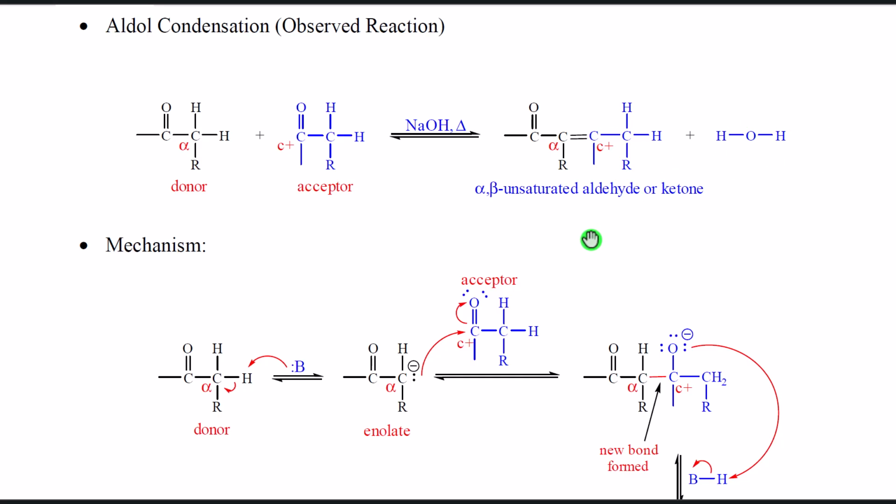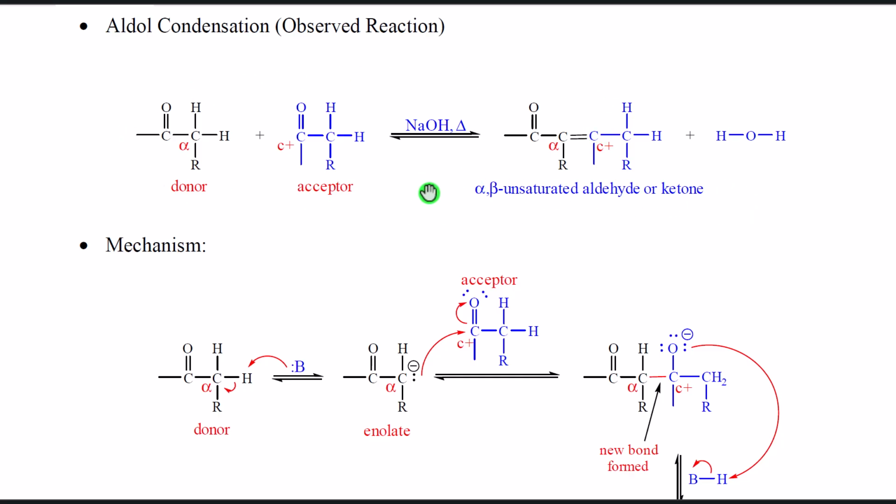The product, therefore, is not an aldol anymore, since there is no alcohol. Instead, it is called an alpha-beta unsaturated aldehyde or ketone. If this is our aldehyde, here's alpha, and although we've labeled this C+ to show the reactivity from the acceptor, technically this is in the beta position along the chain. This is called a condensation.